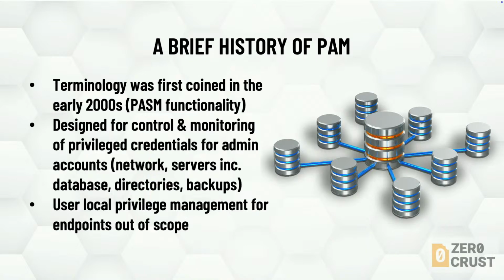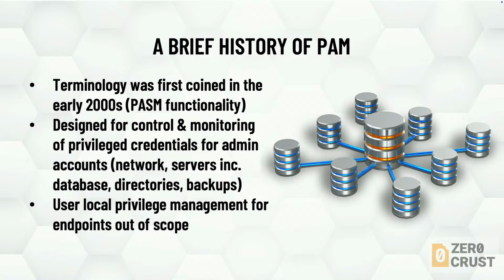Okay. So, we've talked a little bit about PAM. So, a brief history of PAM. It did originate back in the 2000s, and as we've mentioned, it was designed originally for the control and monitoring of privileged credentials for admin accounts, like network servers and directory systems and backup systems and database systems.